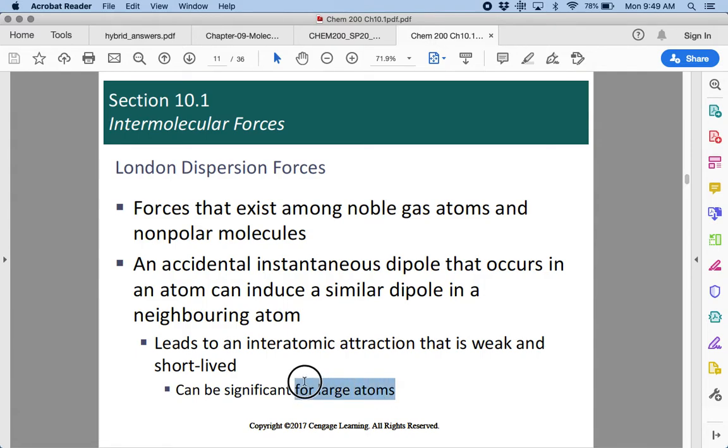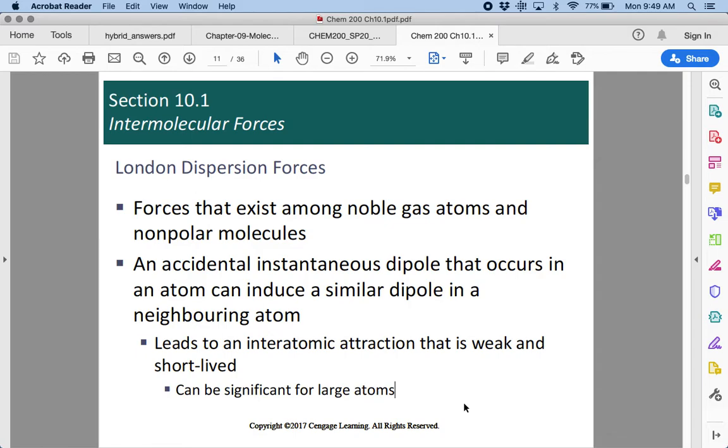And it can start to become very significant when we have a large number of atoms. So the bigger the molecule, when we're dealing with London dispersion forces, the stronger the London dispersion force is. It's still the weakest when compared to something like a dipole-dipole or hydrogen bonding, but if I have something like methane, which is CH4, and we know that's nonpolar, and then I have something like decane, which is a compound that has 10 carbons in a row, and the hydrogens all around it, the decane will have a much higher boiling point than the methane because it has more London dispersion forces occurring.